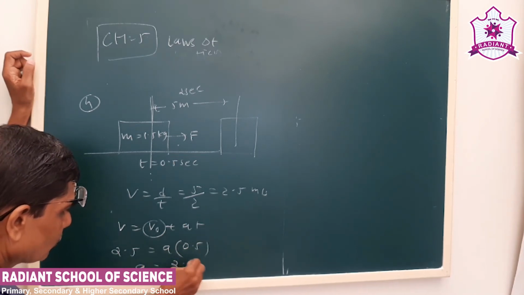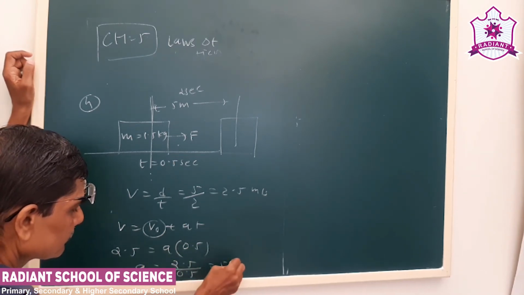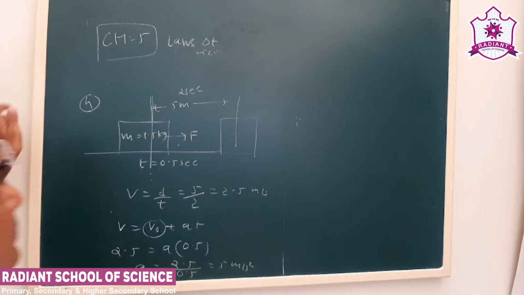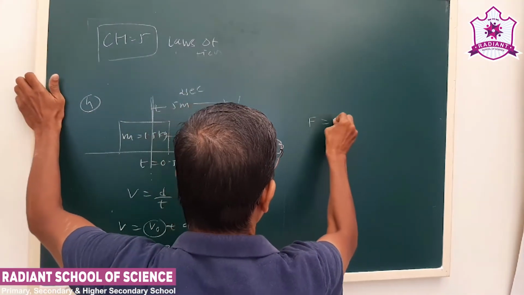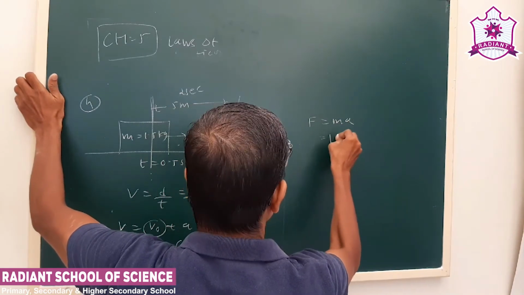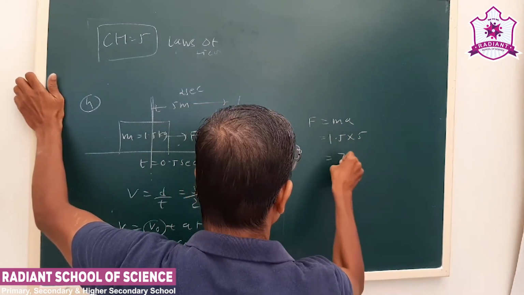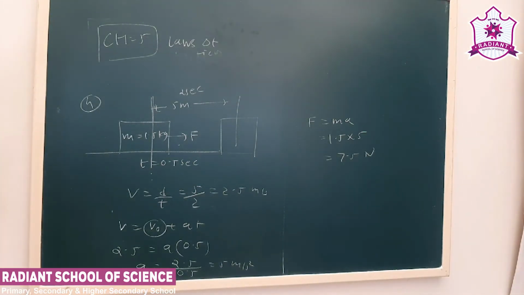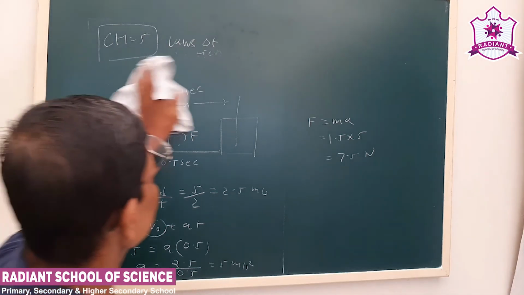So acceleration is 2.5 upon 0.5, that is 5 meter per second square. Now see the magnitude of the force. We know the equation very well. F is equal to ma. Okay, so this is how we can calculate the force acting on it. Okay. Now next MCQ.